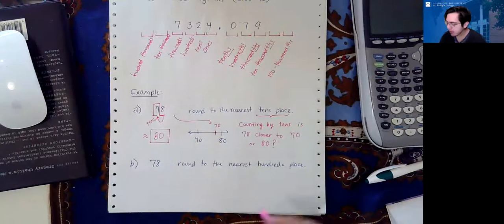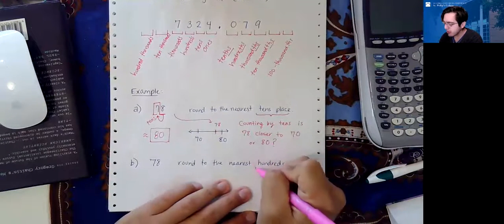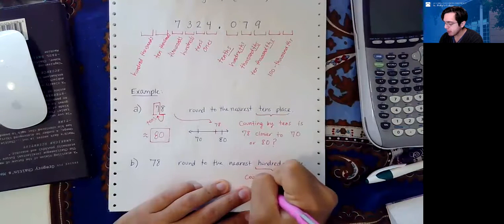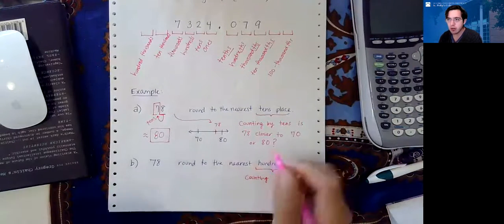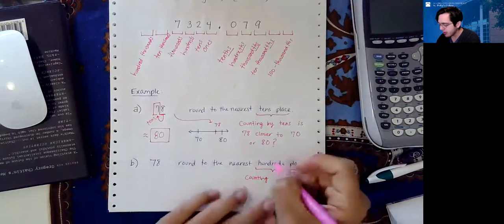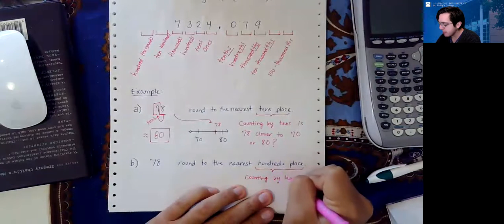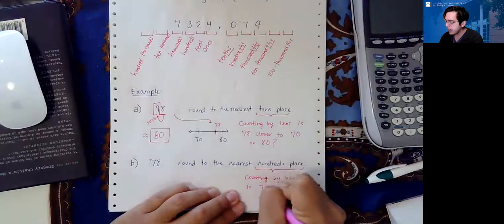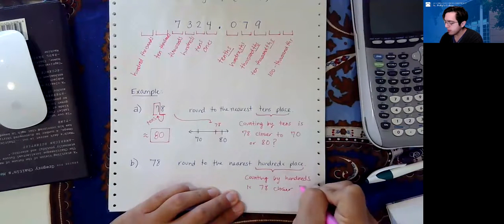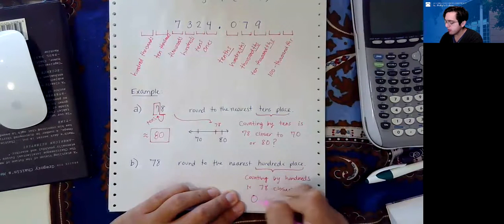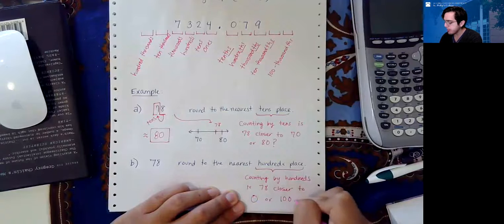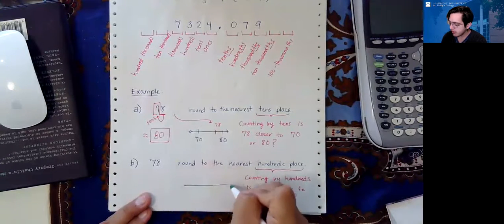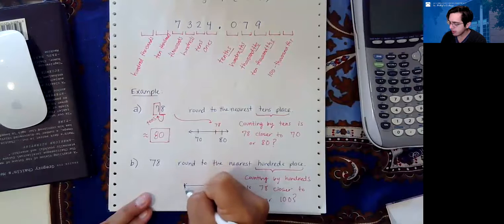Yeah, and we can interpret these instructions the same way, right? We look at the place value that we're interested in, and we could say counting by hundreds. So 0, 100, 200, 300, and so on. Is 78 closer to 0 or 100? And then you could look at the number line. Imagine that you're starting at 0.